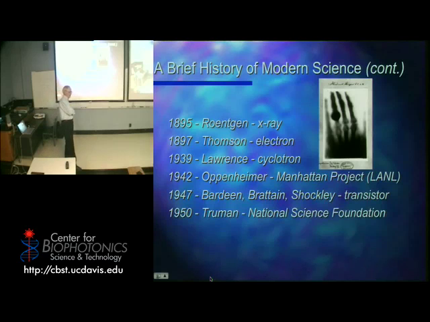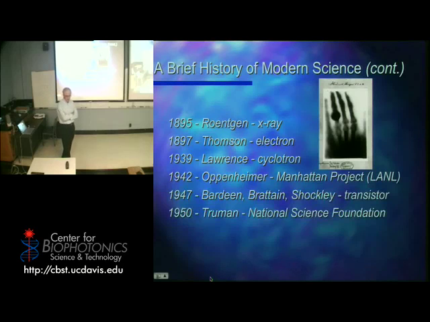Those photographic images, essentially shadowgraphs that we call X-rays, all go back to the discovery in 1895 by Professor Röntgen in his little laboratory.